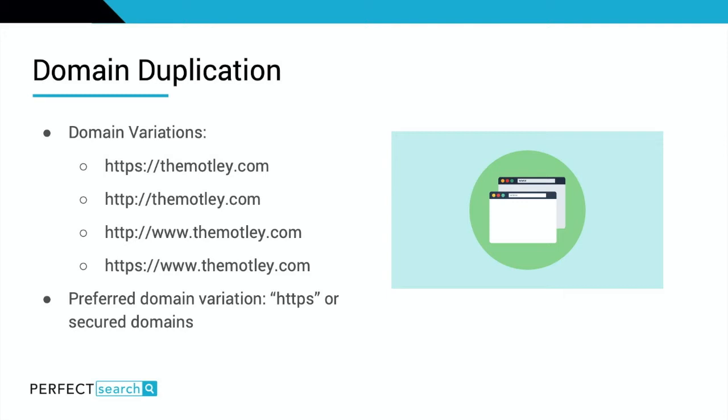So the preferred domain variation is the secure HTTPS version, and then maintaining consistency on whether your site includes the www or not for your secure domain. So make sure that all of your pages follow these same guidelines to avoid that duplication.